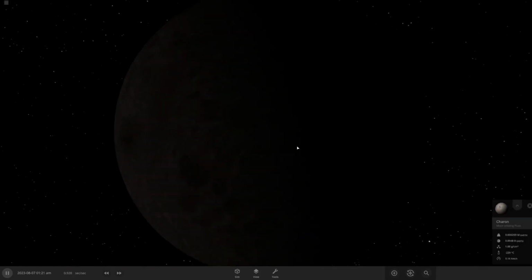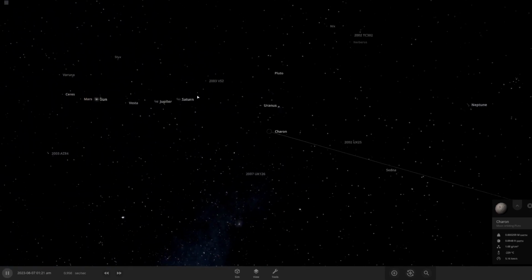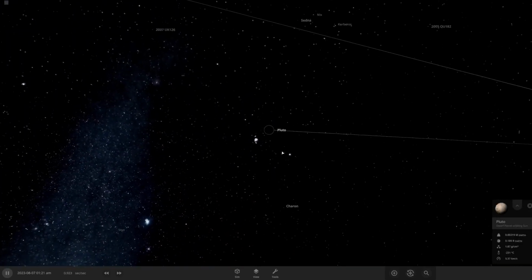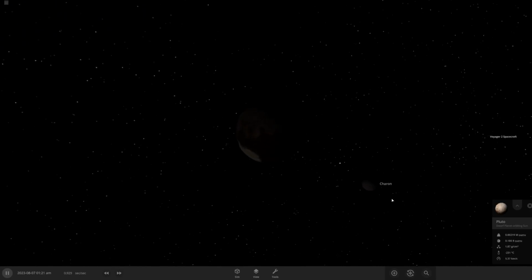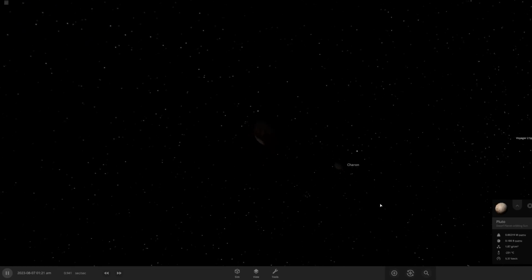Pluto and Charon are tidally locked to each other, always facing the same sides towards each other as they orbit around each other and around the sun.